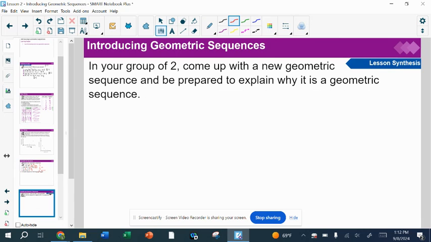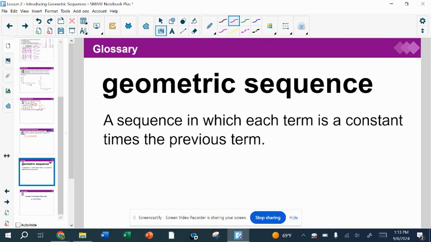So if I would start, for instance, with 5, and I want my growth factor to be 2. So the next number would be 10. Then the next number would be 20, 40, 80. These are actually the numbers that were in our activity with cutting the paper. So that is one example, but you can certainly come up with lots of other ones.